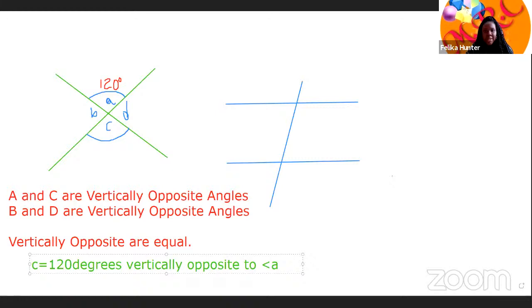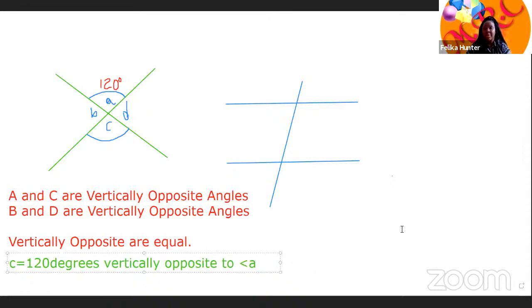All right, so we're gonna go with another part now. We're gonna explore something else and then come back to this. The next thing that I want us to look at is angles on a straight line.